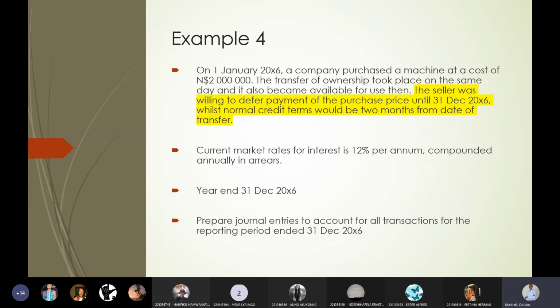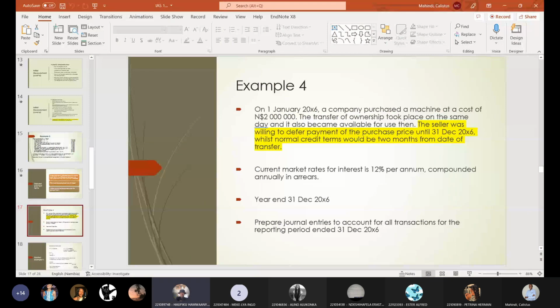How do you think we would calculate the interest portion? Or what would you have to do to calculate the value of the PPE and then also the value of the interest? Anyone? Does anyone have an idea?